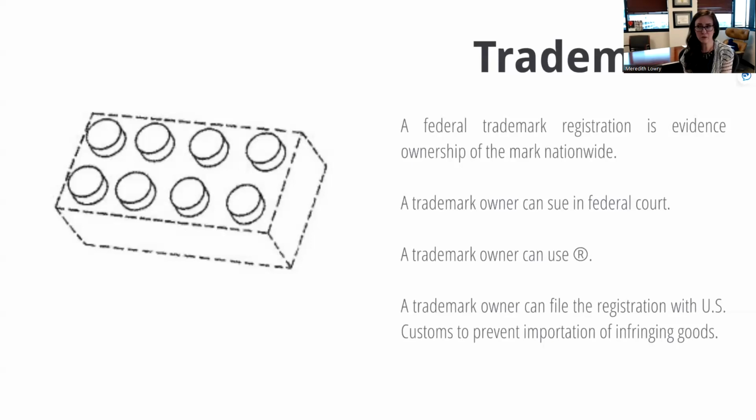That's outside of the court. You don't have to go to a court and say, okay, I need you to say this person's infringing me. It's a fast process. Customs is really fun to work with on this. They like doing this work, and they will usually be pretty proactive on your behalf.